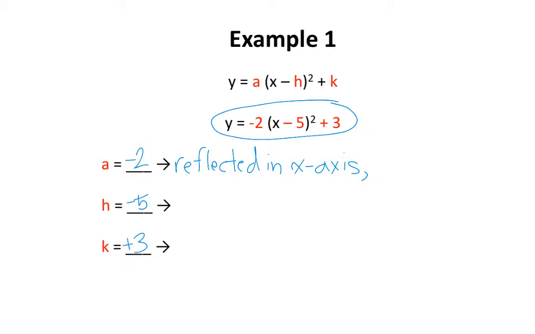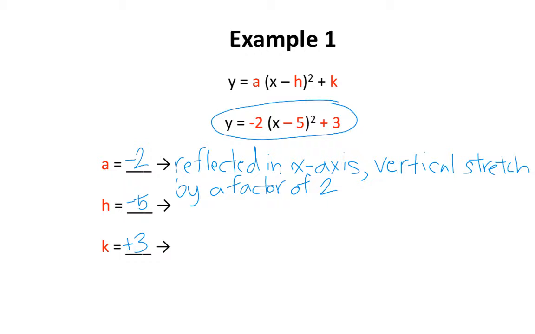The value of 2 means that there is a vertical stretch by a factor of 2. In other words, the parabola is going to become more narrow.